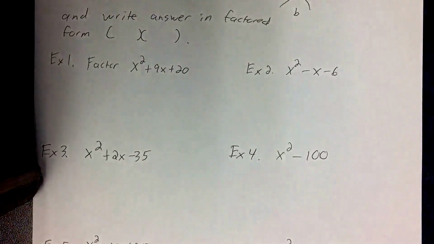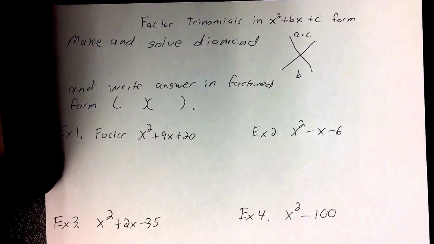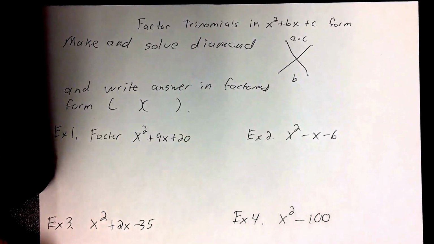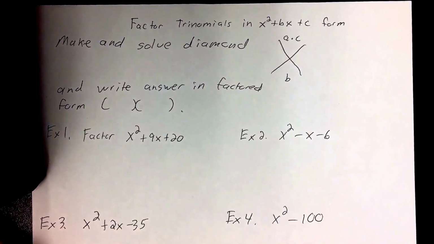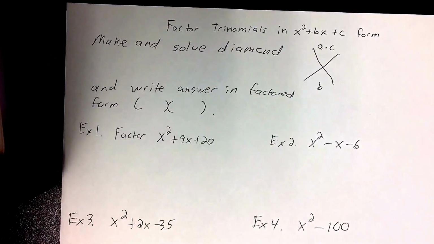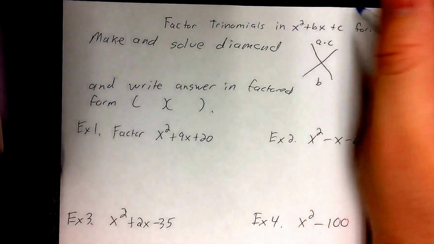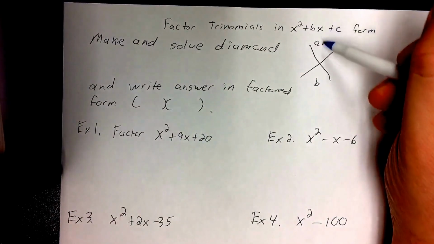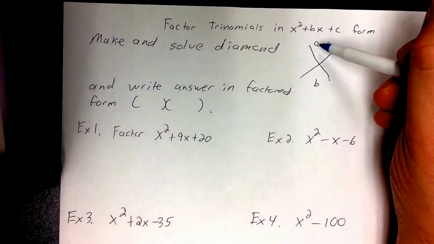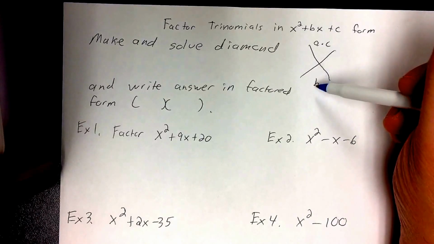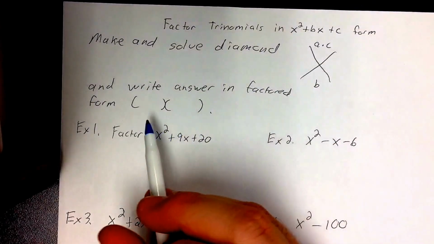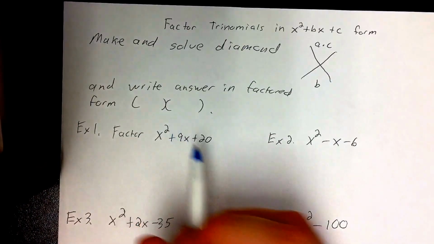So let's look at how we apply these diamond problems in factoring trinomials. A trinomial is, again, a 3-term expression. The way we factor these is we want to make and solve a diamond. Now, our diamond consists of A times C on top and B on the bottom, and then we write our answer in factored form.